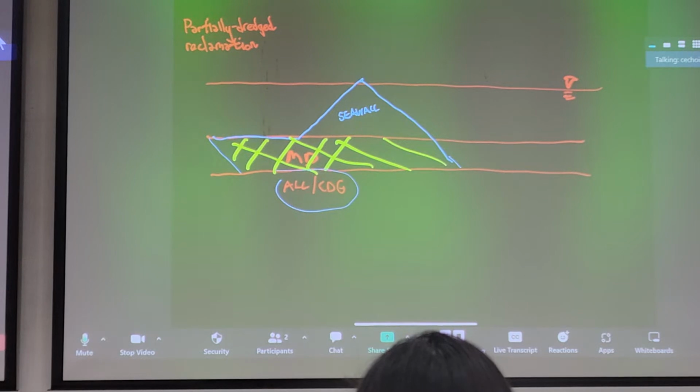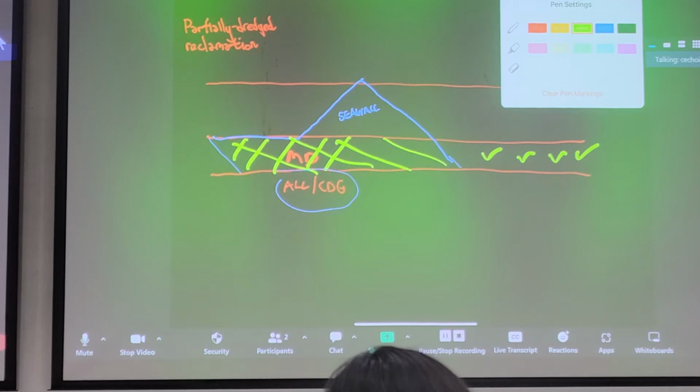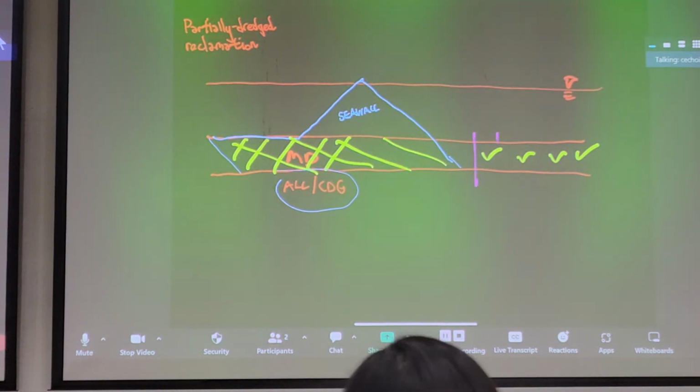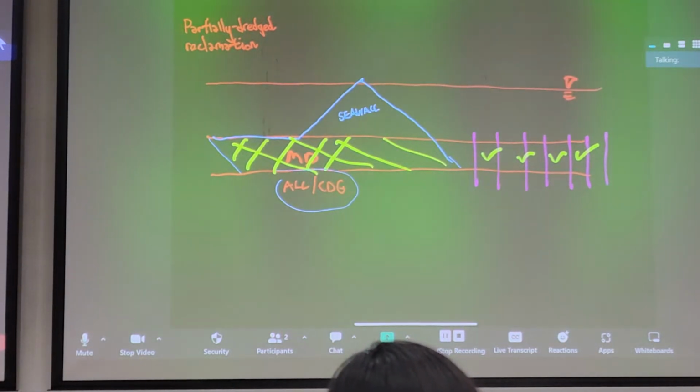Now, why do we call it partial? Well, in this case, we've removed the MD layer just for the seawall, but we can keep the MD layer inside the reclaimed area. In that case, what can we do? Well, we can perhaps install some PVD drains, and then we can maybe put some fill on top.